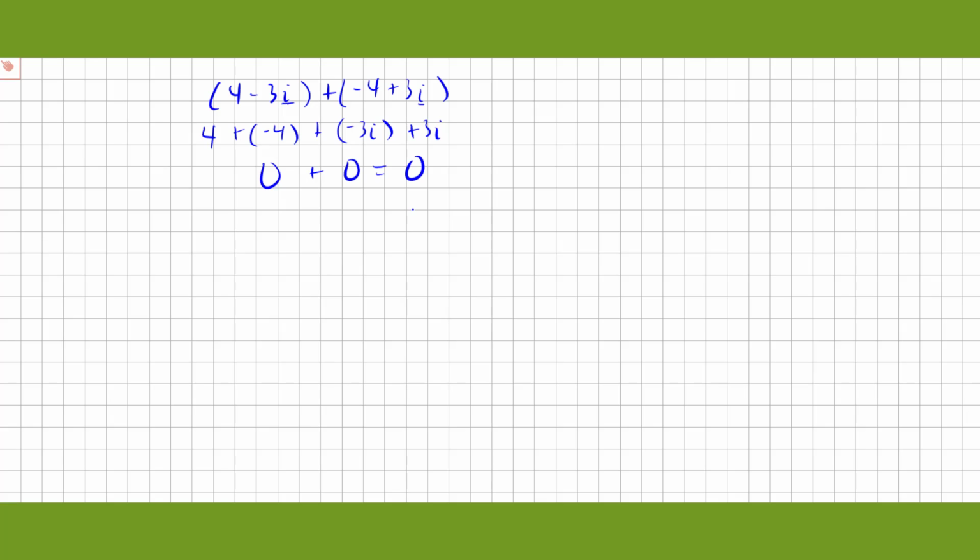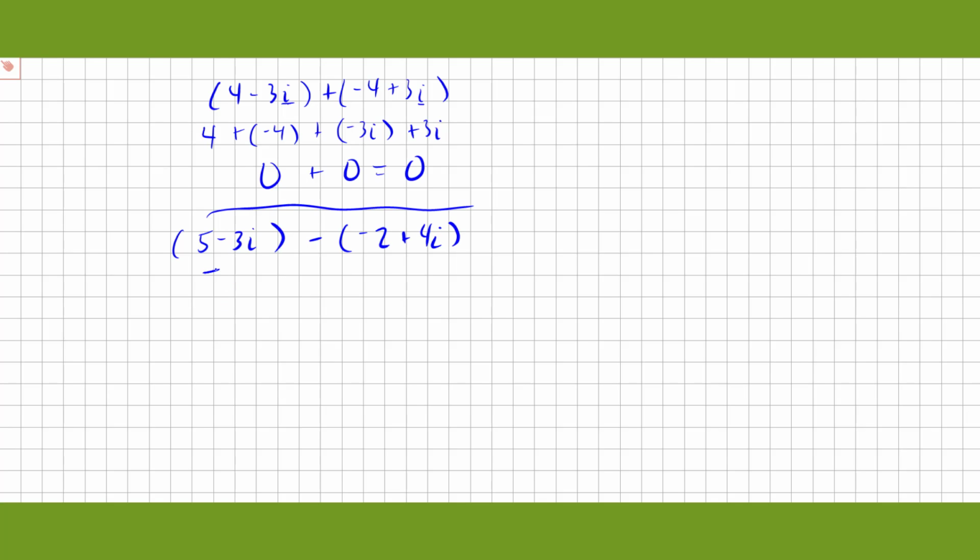All right, so what I did was I used the commutative and the associative properties to group those together. So let's simplify another one here. If we have 5 minus 3i minus negative 2 plus 4i, let's group those together.